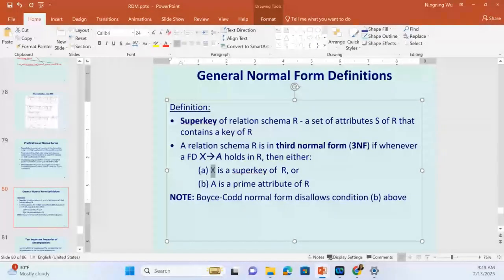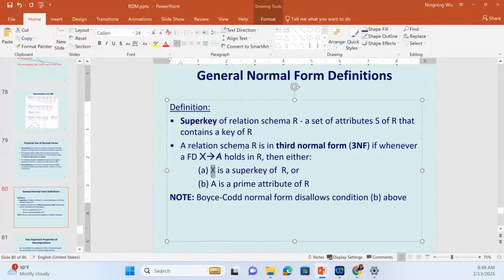This condition helps us filter out all the partial or transitive functional dependencies based on this definition. So as long as there is one functional dependency that violates both conditions, then we need to do the normalization process.